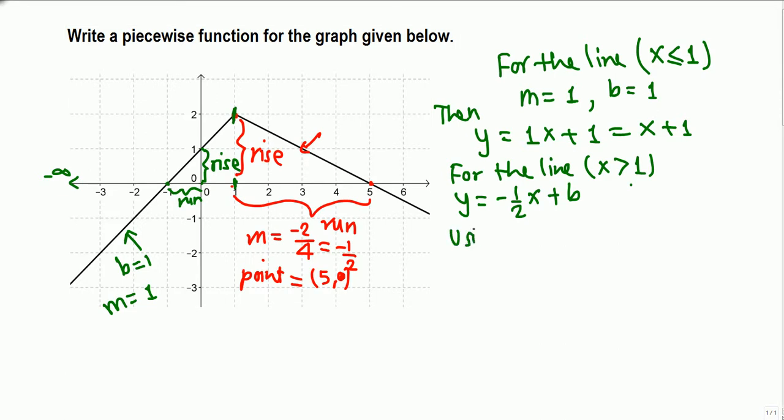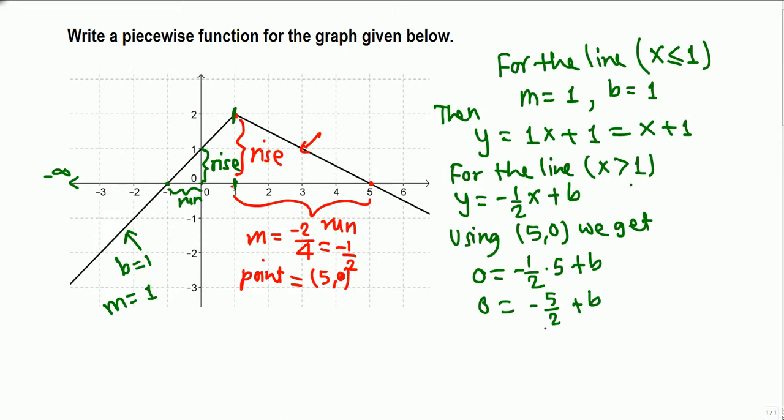Okay, so using the point (5, 0), we get y is 0, x is 5. So 0 equals negative 1/2 times 5 plus b, negative 5/2 plus b. Move this over, that means add 5 halves, so b equals 5 halves.